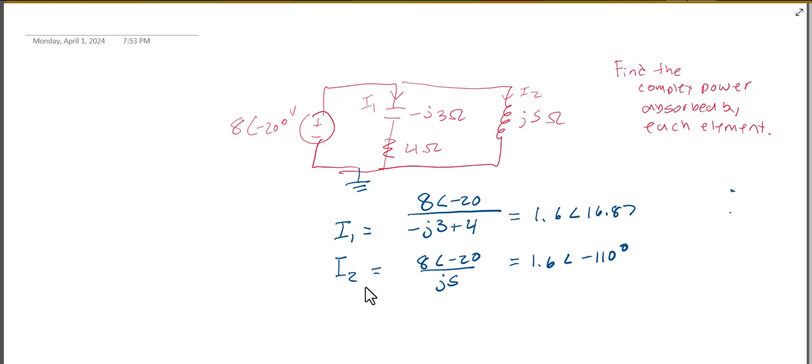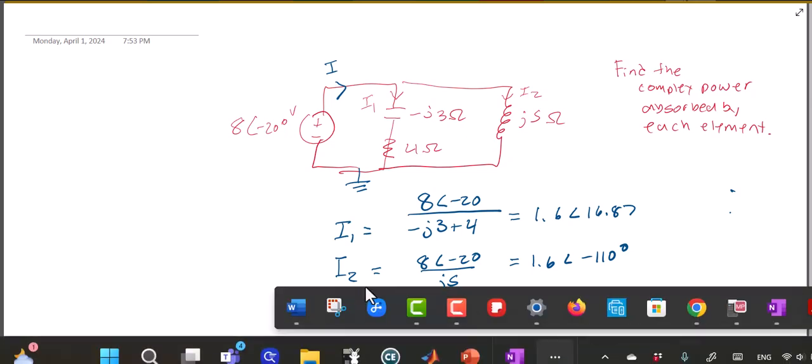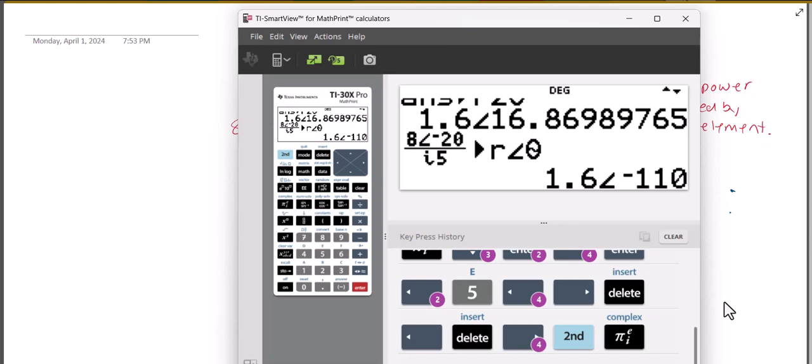Alright, so now if I wanted to find I equals I1 plus I2. Remember, it's not easy to just add them in polar form the way they are.